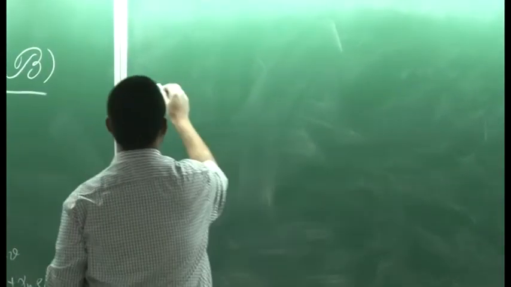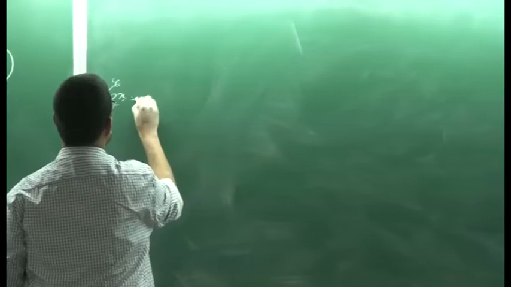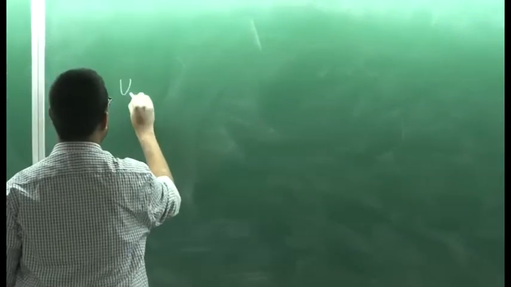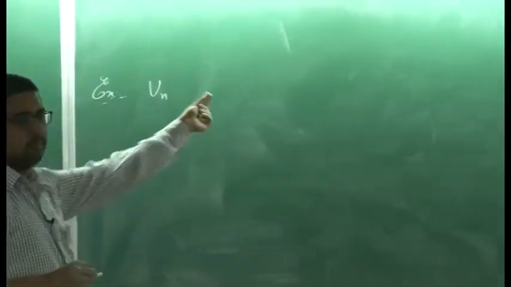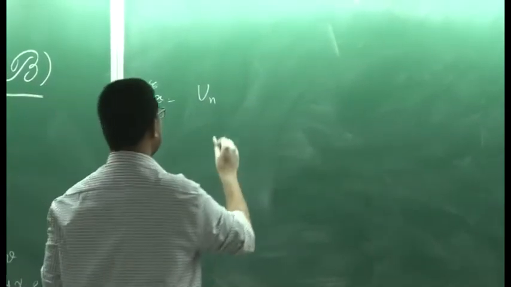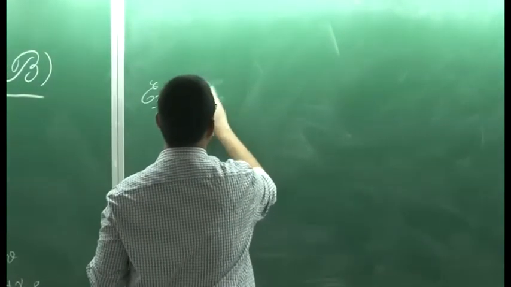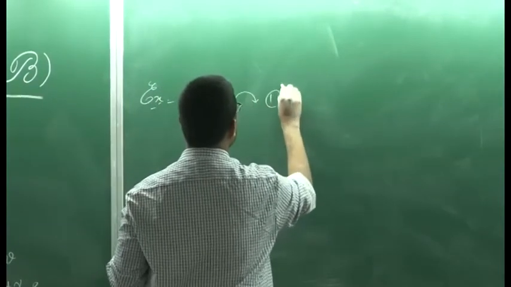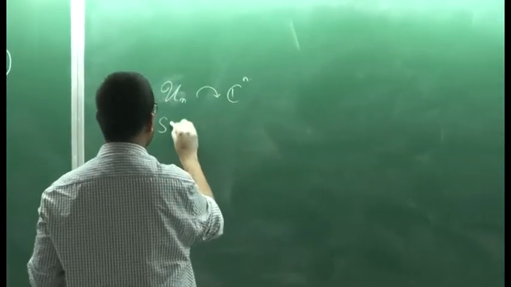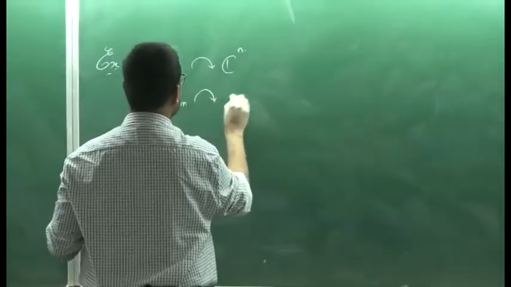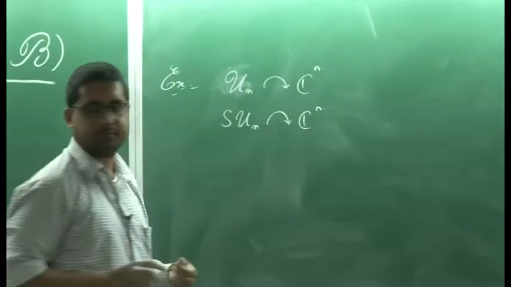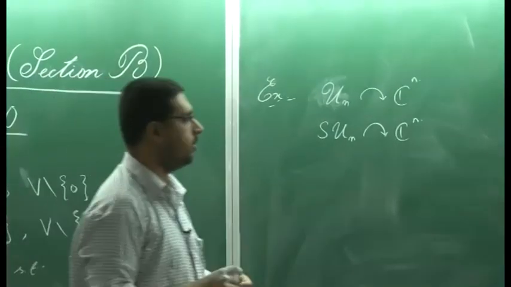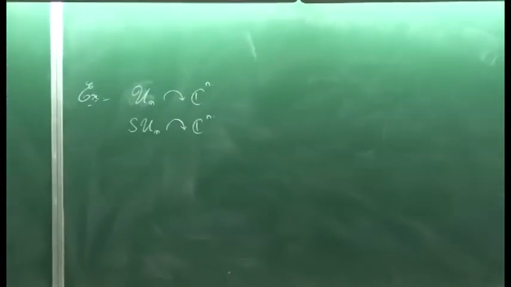Let me finish this lecture with this. Consider the action of U_n, the group of all unitary matrices, on Cn. What are the orbits? And similarly, SU_n on Cn, where SU_n is the group of unitary matrices with determinant 1. With that I will finish this lecture.